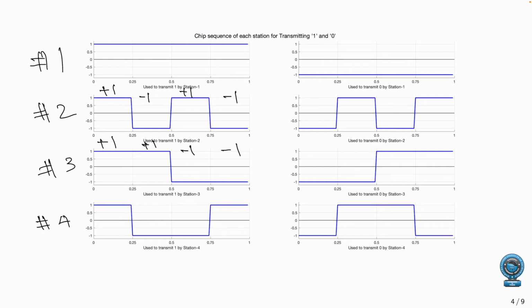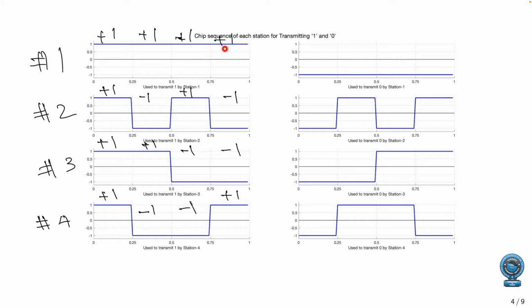Likewise, for station 4, it is saying use +1, -1, -1, +1. And then coming back to station 1, in fact, it is saying use chips +1, +1, +1, and +1.